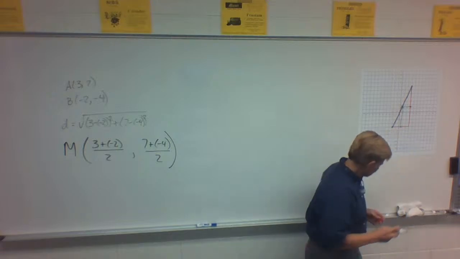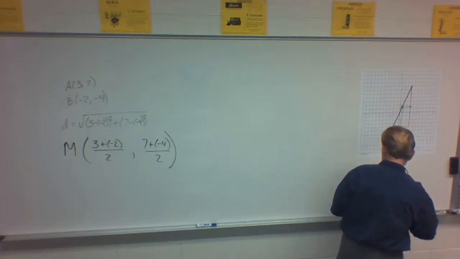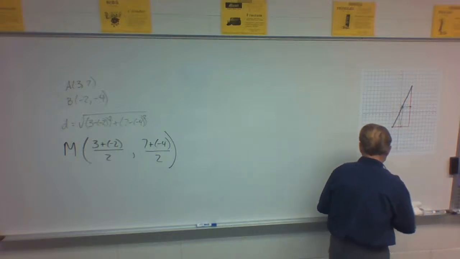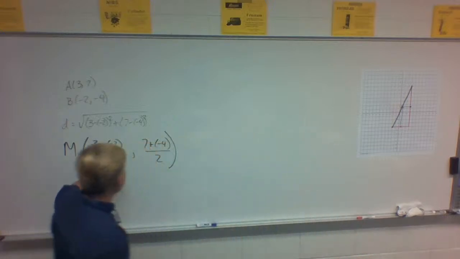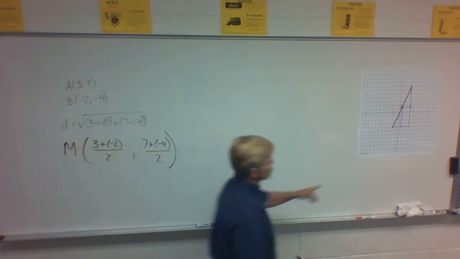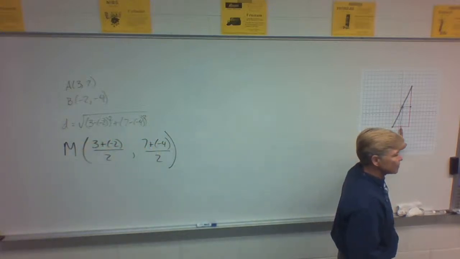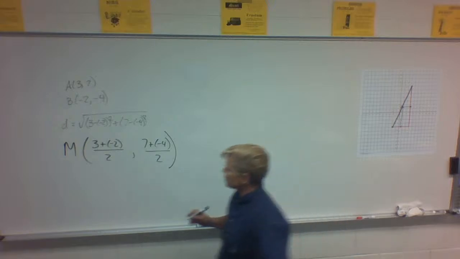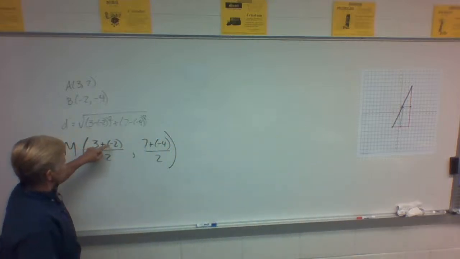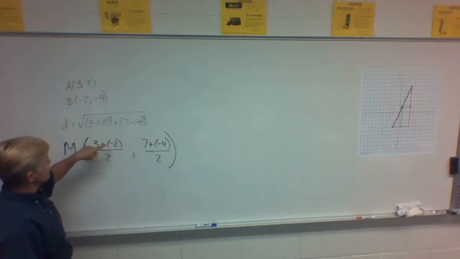Okay. Then the way we do that with the arithmetic over here, with the midpoint formula, is to find the average of the x's. The average of the x's is going to turn out to be 1/2. This is right in the middle of the difference in the x's. You with me? Okay. So take a look here. I get 3 plus -2. That's like saying 3 minus 2. That's 1.